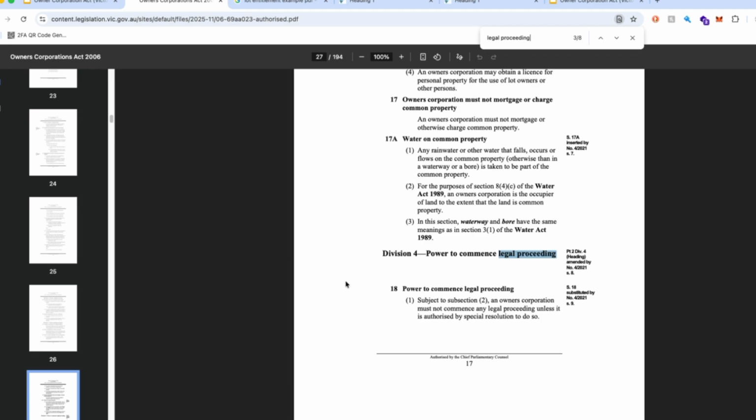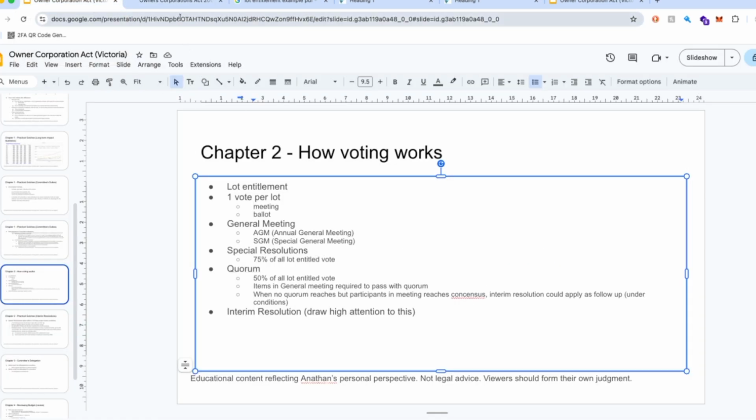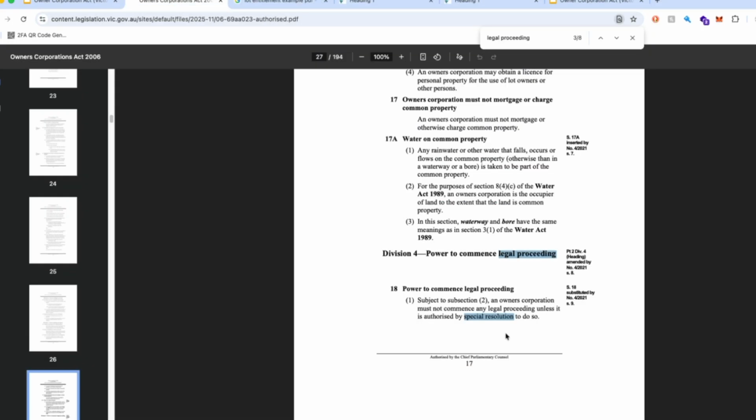So if there's some action that needs to use the fund from all owners, who have invested their fund into the OC, and the OC is using that fund to initiate any legal proceedings, it can only do that by having a special resolution pass. This is specified very clearly in the OC Act.